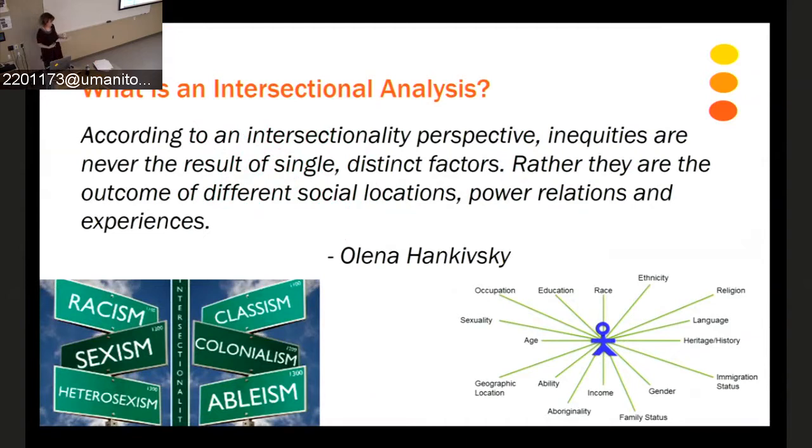Intersectionality promotes an understanding of human beings as shaped by the interactions of different social locations or categories which they inhabit. So all of those things that we talked about before, race, class, gender identity, gender expression, age, sexual orientation, all of these pieces together. And it's important to remember from an intersectional perspective, when we're talking about social categories, there's 4 pieces to the puzzle.